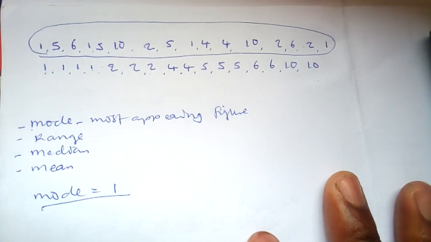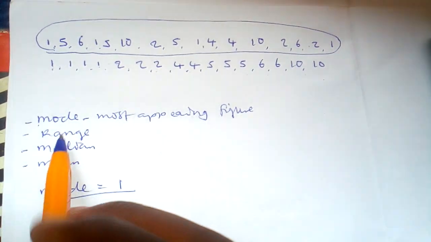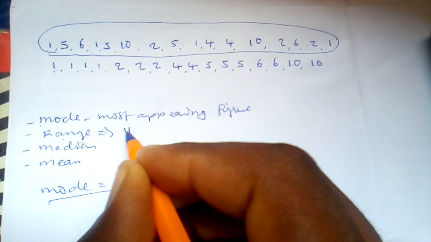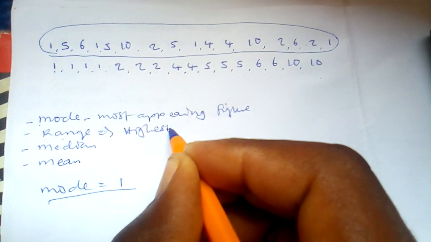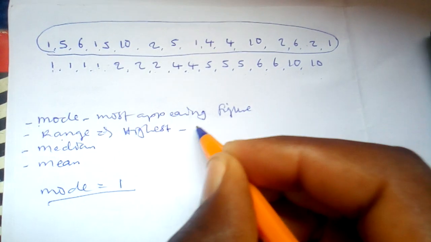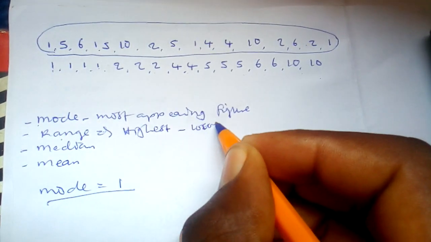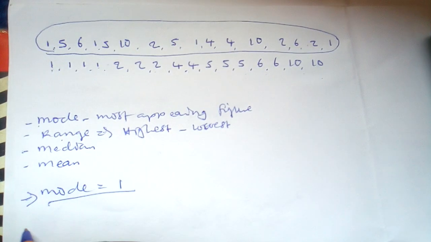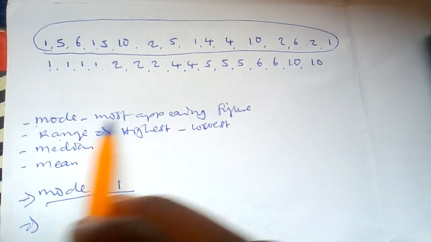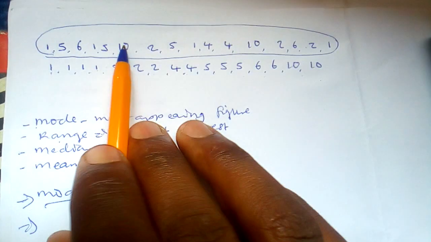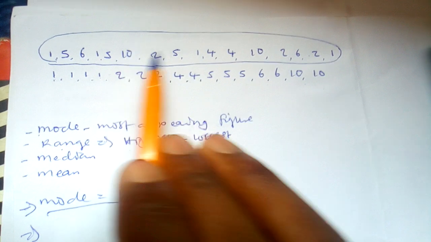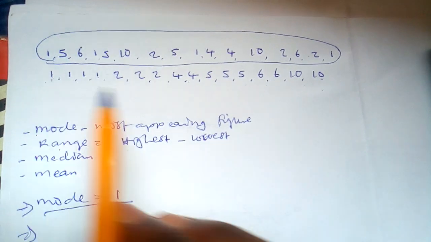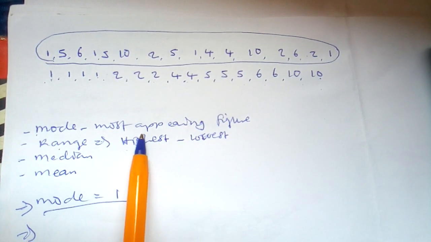How do you find the range? The range is given when you subtract the lowest value from the highest value of the data set given. From this given information, the highest value that you have is 10 and the lowest is 1. So to find the range, you subtract the highest value minus the lowest.